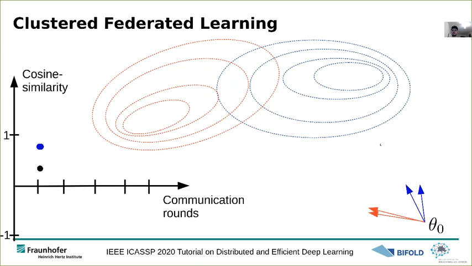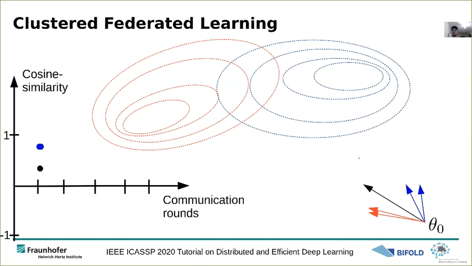All of the blue clients want to go to the minimum of the blue risk function. All of the red clients want to go towards the minimum of the red function. Their updates, however, are averaged all the time. So the path that results is this, right?